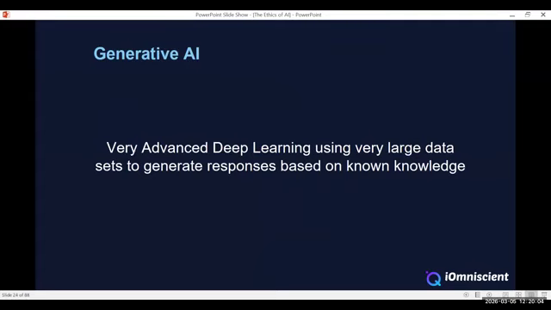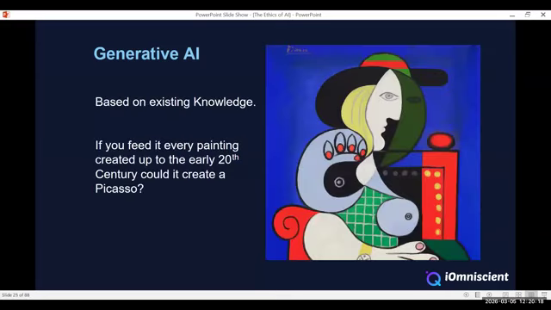And then finally, we get into generative AI, which is essentially a very advanced form of deep learning using very large data sets to generate responses based on known human knowledge. And I say known human knowledge because generative AI is based on existing knowledge, right?